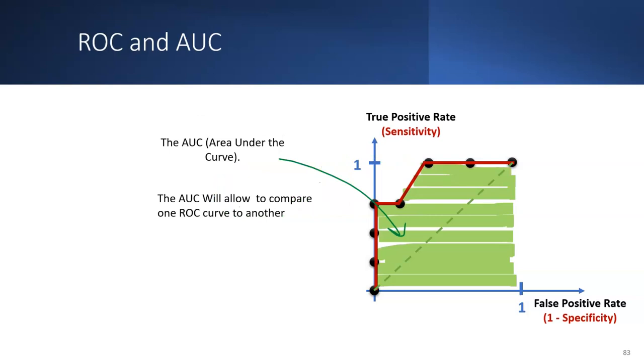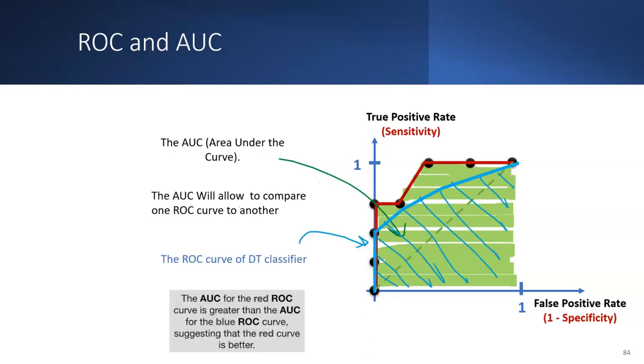AUC is very interesting, and it gives you the area. The area covers a lot of space over here. AUC allows us to compare one ROC curve to another ROC curve, so you can compare one full curve with another full curve, or area with area.